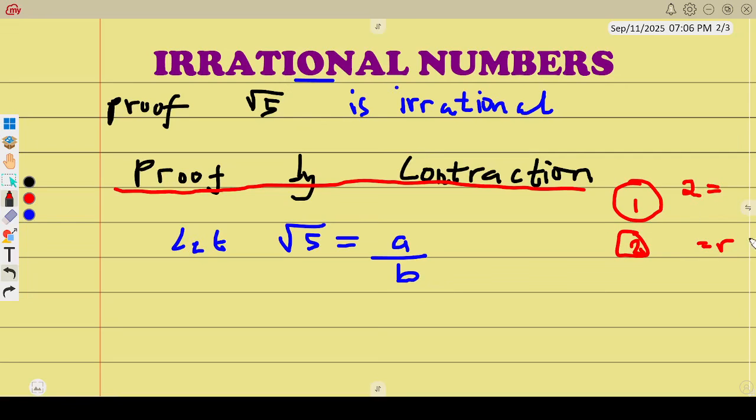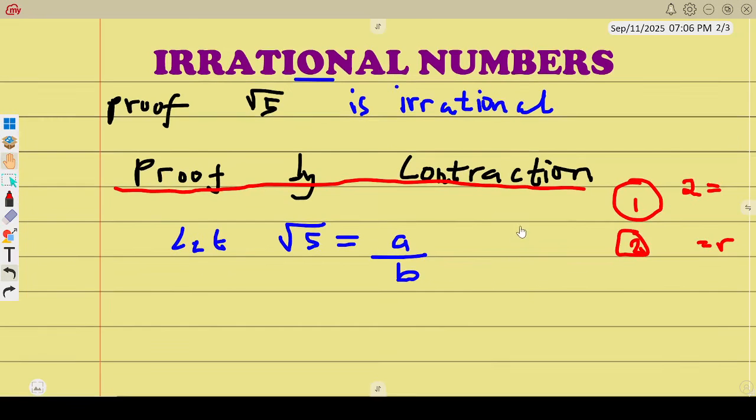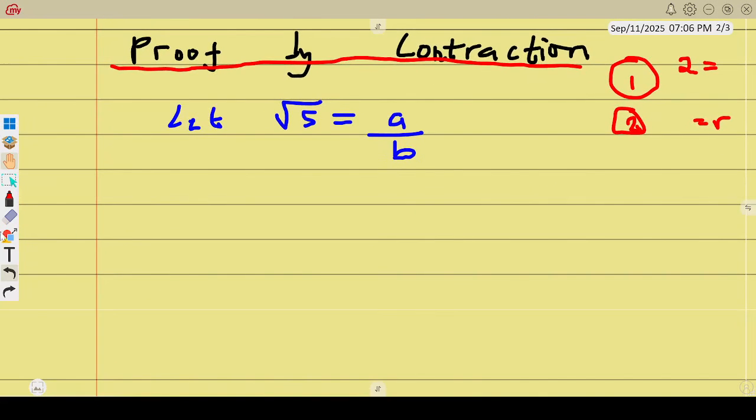Yeah, so we're going to get this. So now what do we do next? We're proving by contradiction. We now say we let square root of 5 is equal to a over b, and then from here let's get rid of the square root. It means we square both sides.